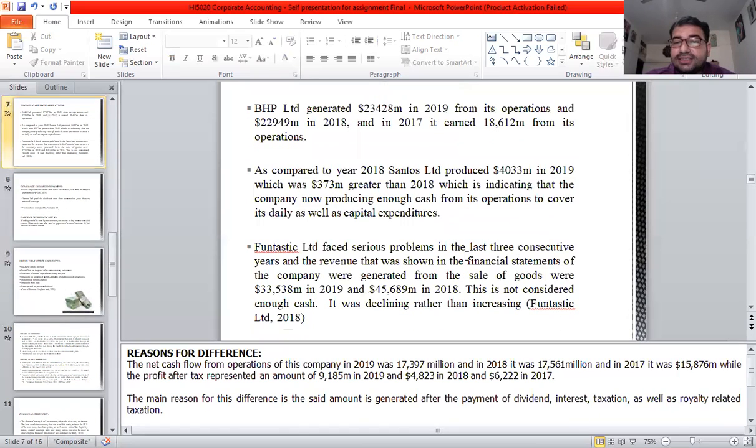Fantastic faced serious problems in the last 3 consecutive years, and the revenue that was shown in the financial statement of the company generated from the sale of goods were 33,538 million in 2019, 45,689 million in 2018. This was basically not considered as enough cash. However, the trend was declining rather than increasing in Fantastic in 2018 as well.